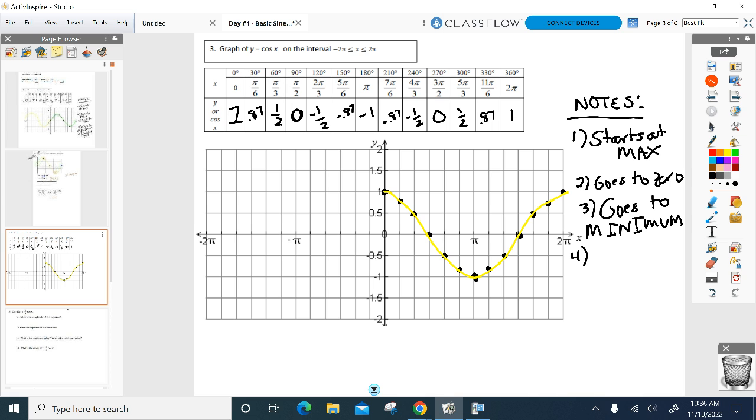Then where? Minimum, then travels back to 0. And then every cosine curve, well, I shouldn't say every, ends where? Ends at max.